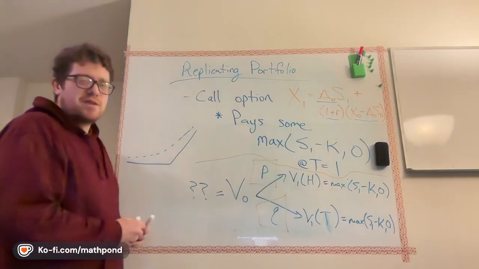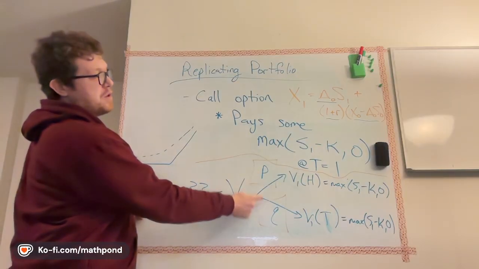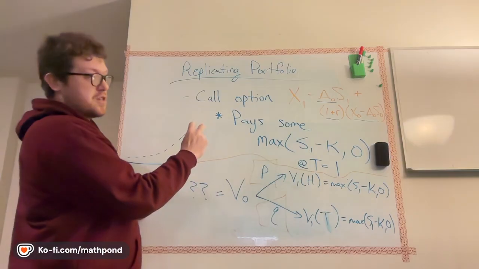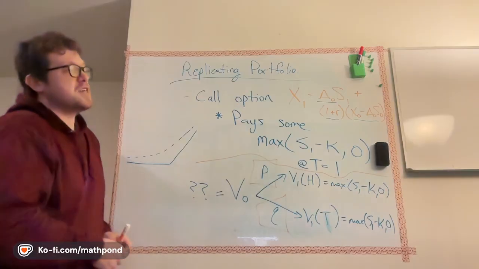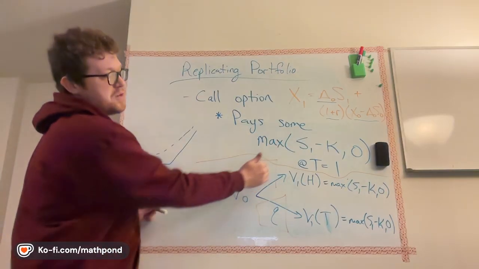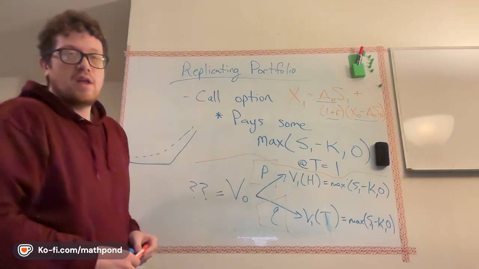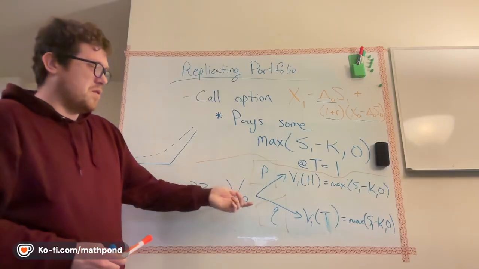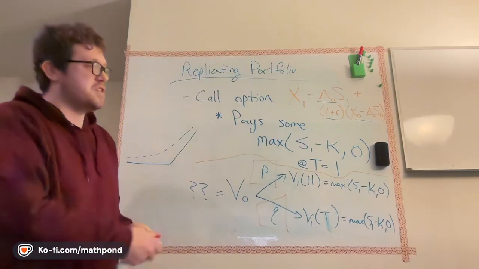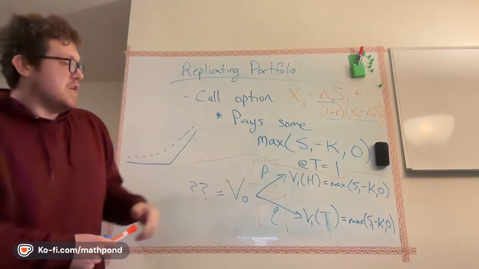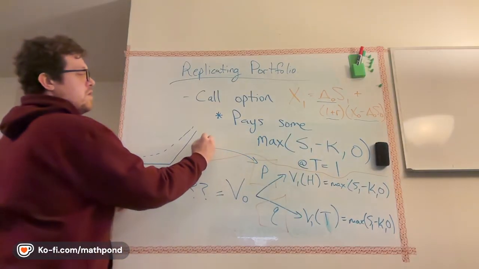I don't want to go into exactly what that means, but there's essentially some new P and Q that are called the risk neutral measure or risk neutral probabilities. In that new measure, this will be the average with respect to the risk neutral measure, but it's not the average in the real measure, or how much the stock is actually changing. So what I'm trying to say is these are the real probabilities, quote unquote real.